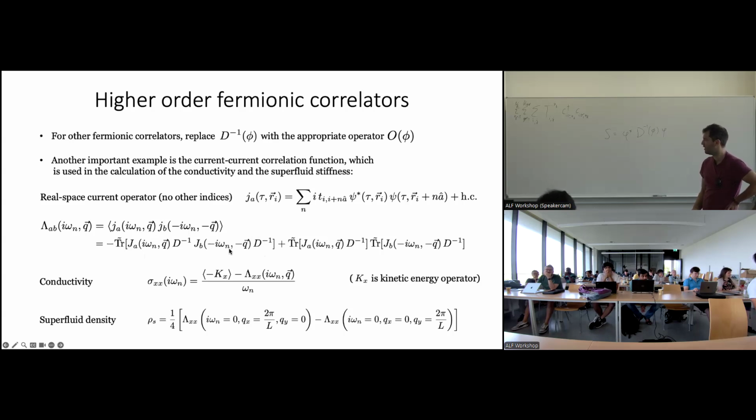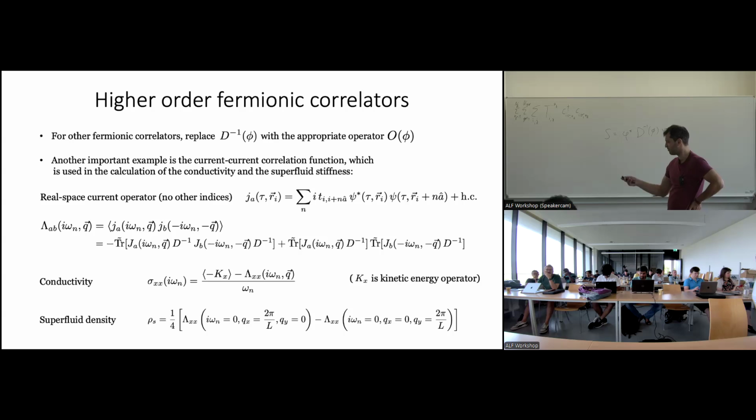Here J is the actual matrix operator that corresponds to this current operator in terms of psi dagger psi. So J is the matrix representation, and D inverse is the fermionic matrix. That's the same thing we were looking at on the last slide.